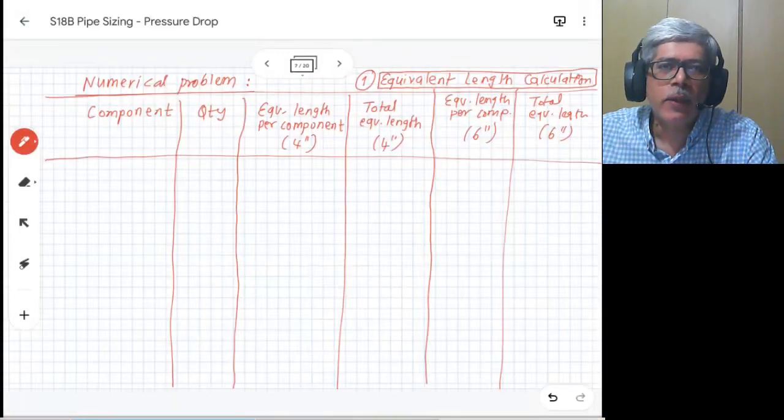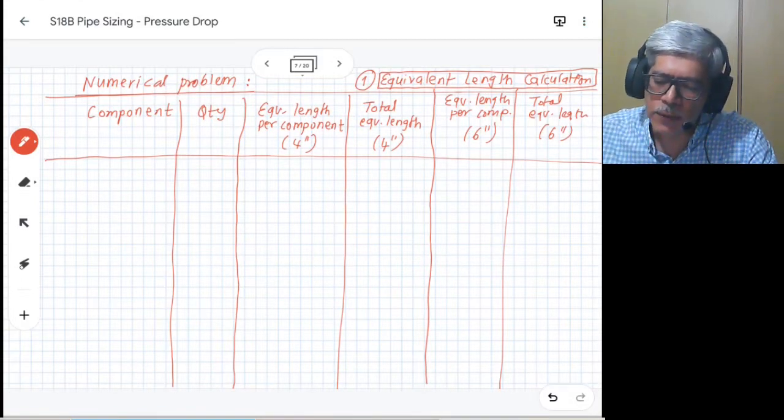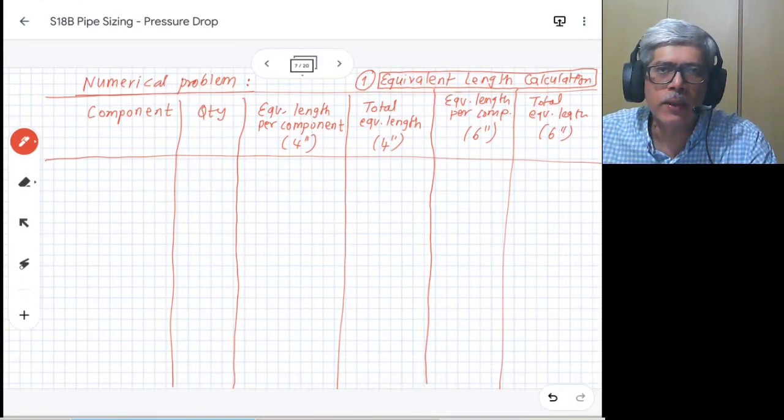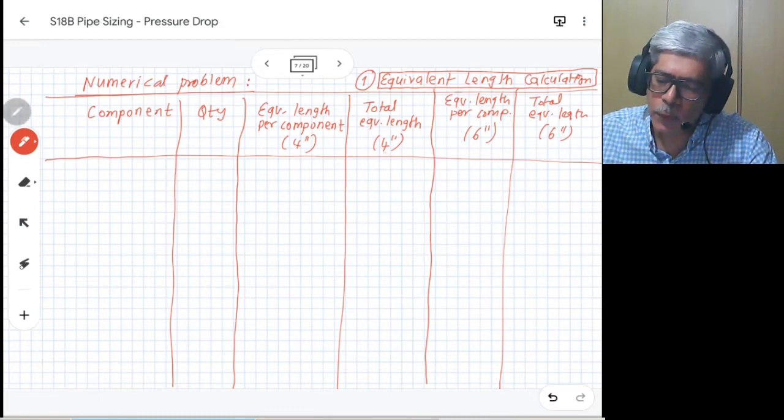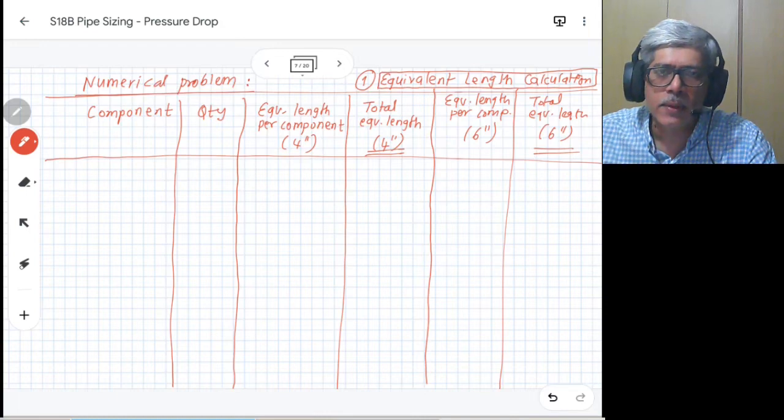The first step in doing the calculations is to do the equivalent length calculation. So that is what we'll do. We'll go through each component of the pipeline and find its equivalent straight length. As we have seen, there are two pipe sizes, 4 inches and 6 inches. So I made two columns corresponding to the 4-inch pipeline and the 6-inch pipeline.